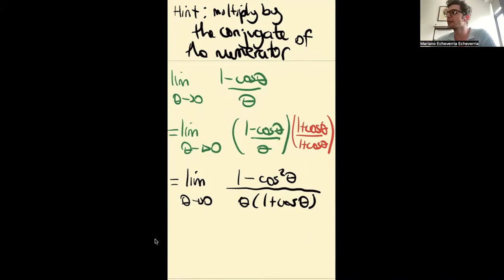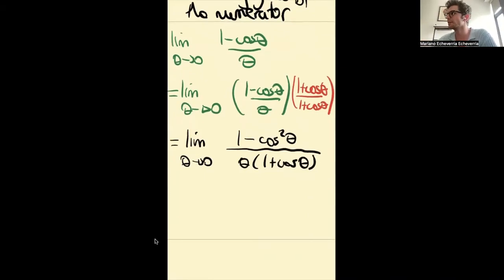Now, here's another important identity. There's an identity for what 1 minus cosine square is. Anyone remembers this? Actually, it's related to the one that I wrote yesterday. Remember that 1 equals sine squared of theta plus cosine squared of theta, right?